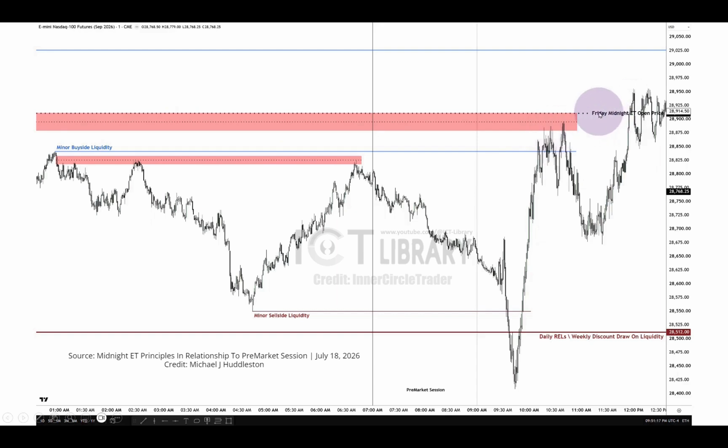And then Friday, midnight Eastern time, the point of me mentioning that was you would think that with relative equal highs here, it's likely to go up there, trade above the midnight opening price, and then go down there to the target. Not when it's Friday. Not when it only has a little bit of time left.